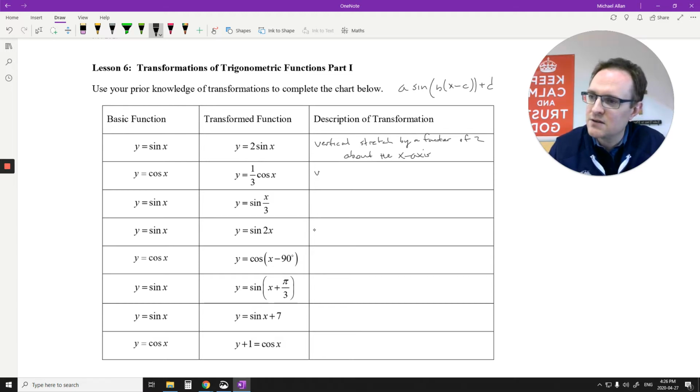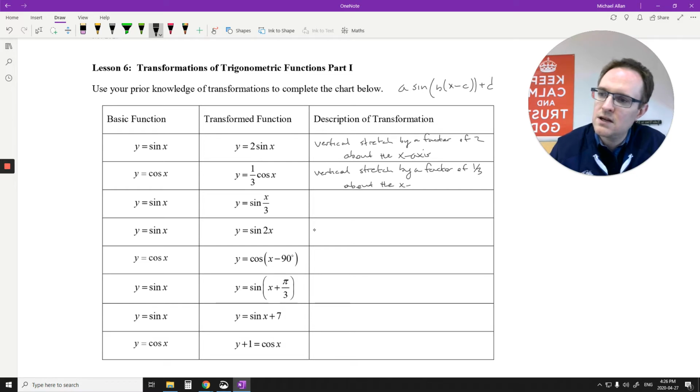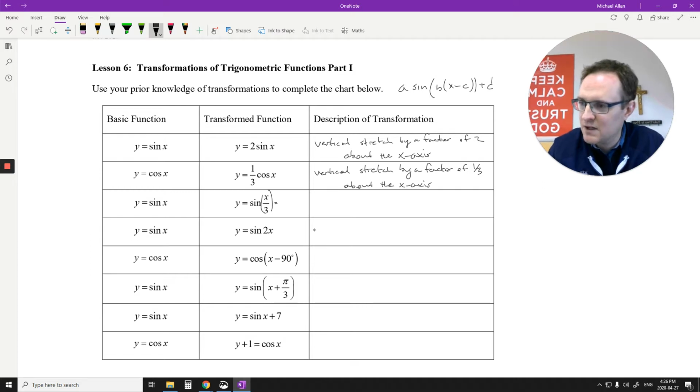Okay, and this one here is going to do the same thing, but this time it's going to be a factor of a third, about the x-axis. Okay, this one here, because it's inside the function, and if you want to, you could separate those two and say, rather than saying divide by 3, you could say that's 1/3 x.